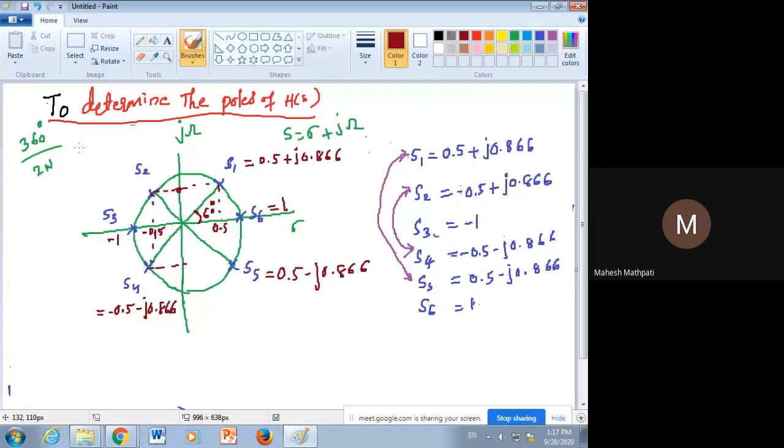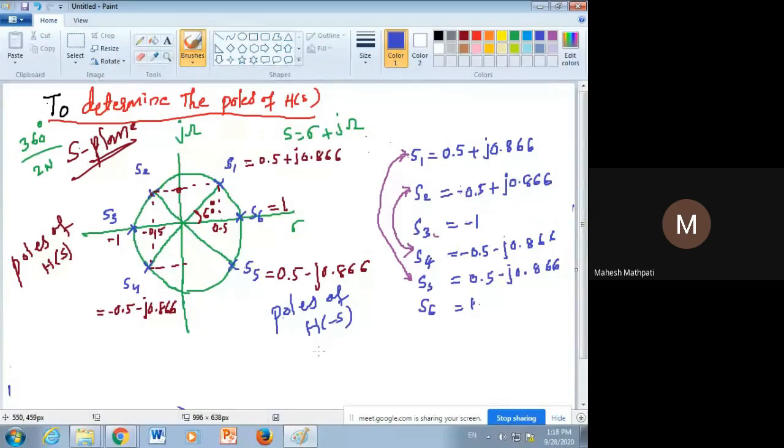This is our S plane. और यहाँ पे, this left half pole we are calling as the poles of H of S. Poles of H of S are on the left half of the S plane, and these are the poles of H of minus S. Poles of H of minus S are on the right half of the S plane. Okay, and let us call it figure A.